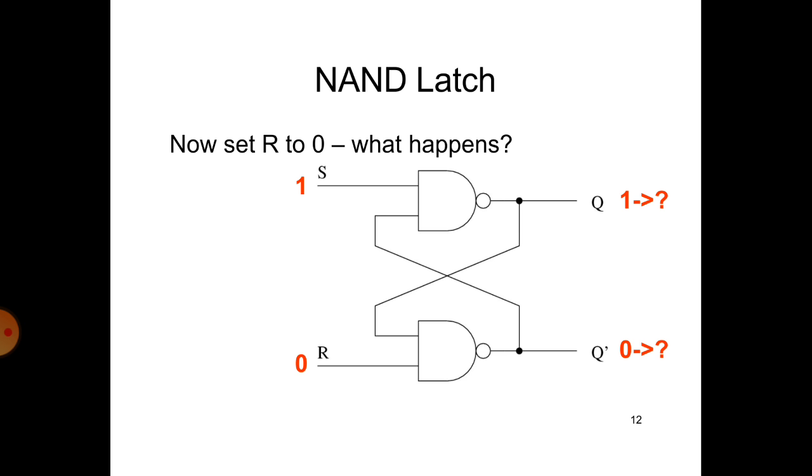For the first NAND latch, the outputs will be Q equal to 1 and Q bar equal to 0. Q is given to the input of the second NAND gate, and Q bar will be given to the input of the first NAND gate. So the outputs of the first and second gates will be Q and Q bar.